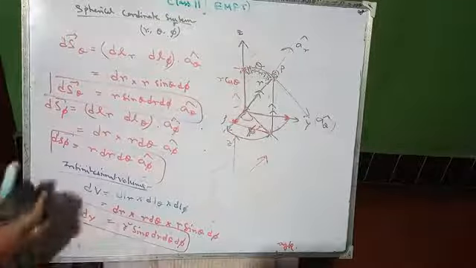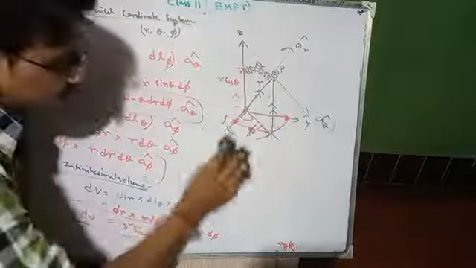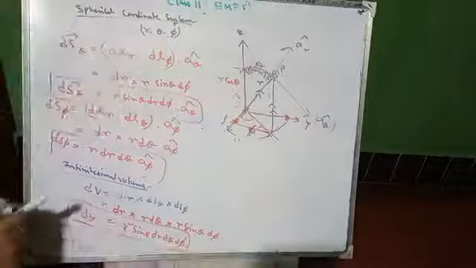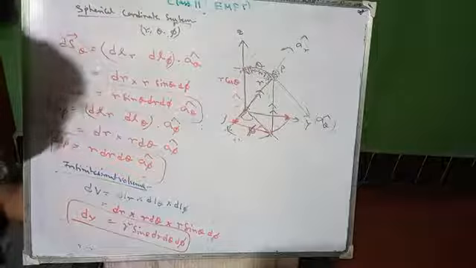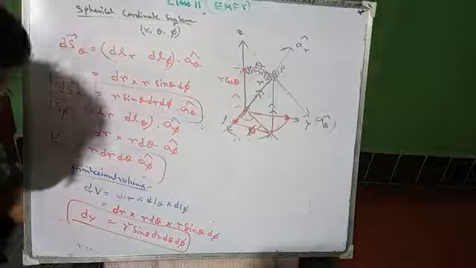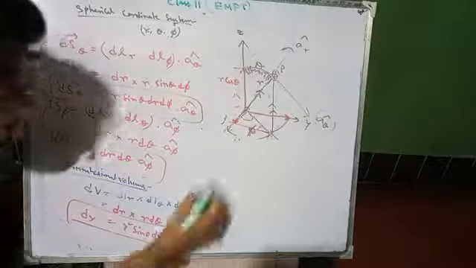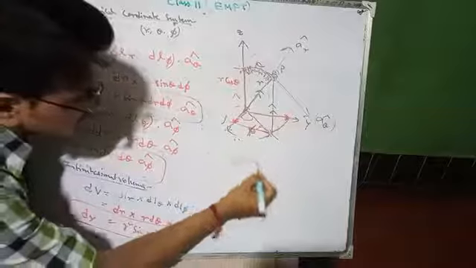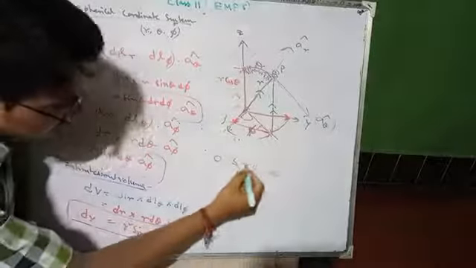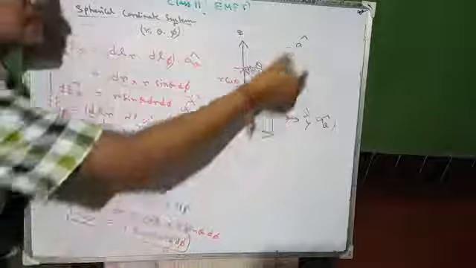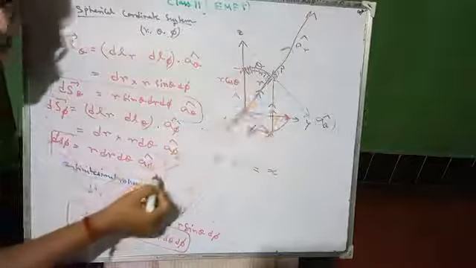Okay, so now you have to find the range. What are the ranges of them? Here you can write that r varies from 0 to infinity. Why? Because r is 0 to infinity. Why can it not be negative?